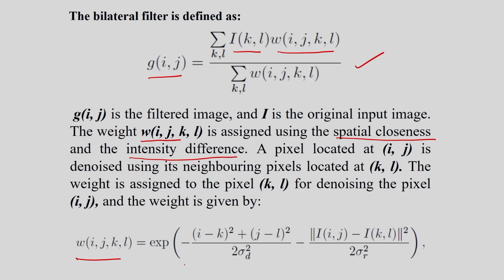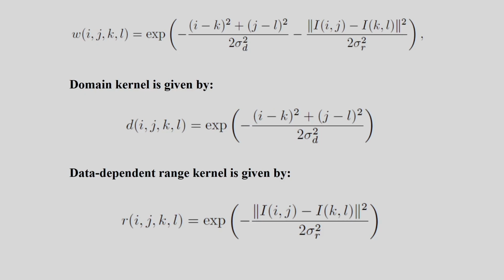You can see we have two parts. The first part is this, the second part is this. What is the meaning of the first part and the second part? I can show you in the next slide. So this is the weight. The first part is the domain kernel, because I have to consider geometric closeness. The second part is the range kernel, for which I consider the photometric similarity.